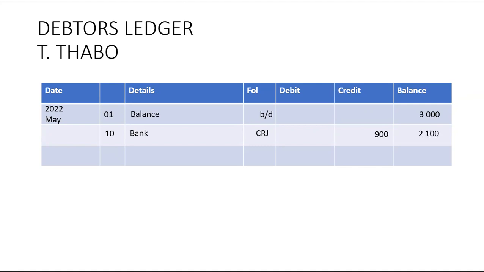At the end, you will note that T-Tabo will be owing us 2,100, but that 2,100, we needed to write it off because we will never get it back, and that information will be found in the general journal. We wrote off 2,100, and finally, T-Tabo will owe us nothing, non-existent anymore. It doesn't exist in our books at all. We have written him off.